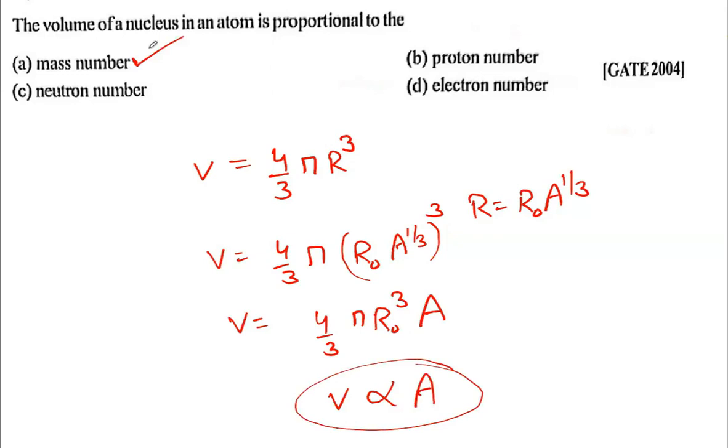So option A is the correct option. Here you cannot write the proton number, because the nucleus has both protons and neutrons present within it.